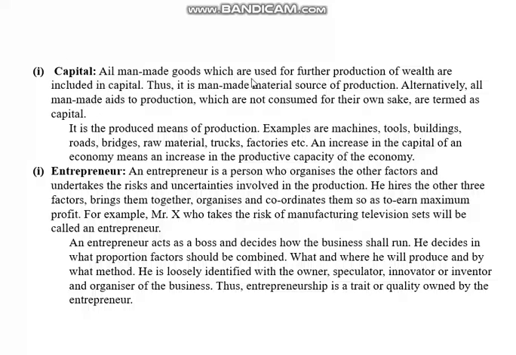Capital doesn't mean only money. It is all the goods that are made by man. Thus it is a man-made material source of production. Alternately, all man-made aids to production which are not consumed for their own sake are termed capital.